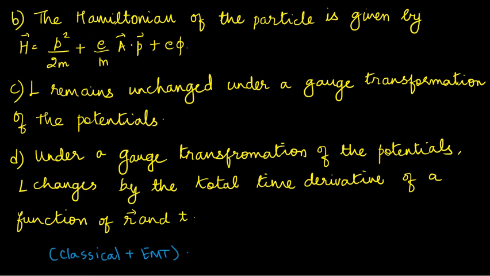If you have learned gauge transformation during your EMT theory, you have your vector potential and scalar potential, right? Under gauge transformation, you are going to transform these to new potentials.